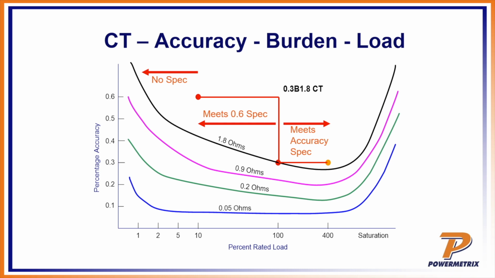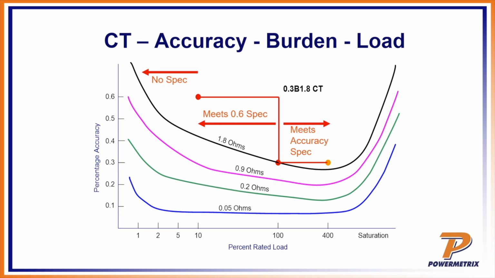What's really important about CTs is that you always want to operate on 100% or better, because these are how the CTs are rated. So notice on your CT curve, see these red lines. Okay, so this red line, this vertical line, is at 100% load, and so that's where the CT is rated. That means at 100%.